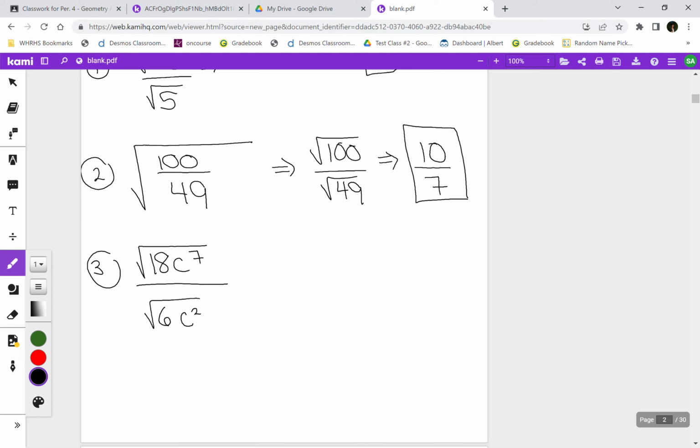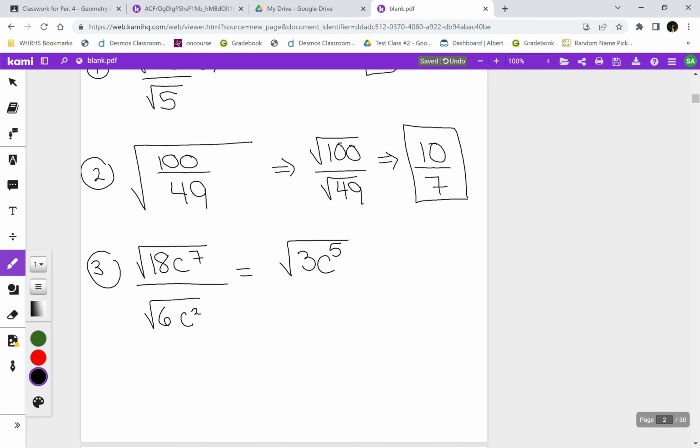Can I divide these? Yeah, I can. Radical in the numerator, radical in the denominator, no binomials, nothing bigger than a monomial. I can absolutely divide them. So 18 divided by 6 is 3. So I have root 3. C to the 7th divided by C to the 2nd is C to the 5th.